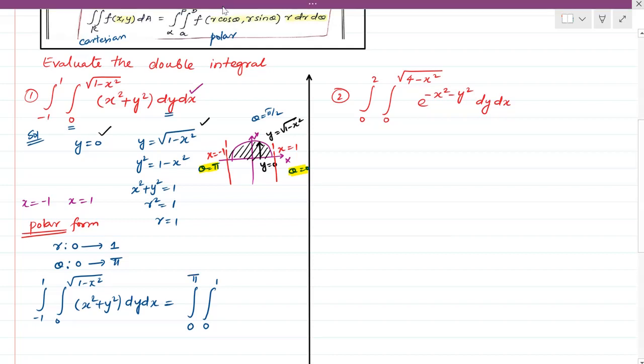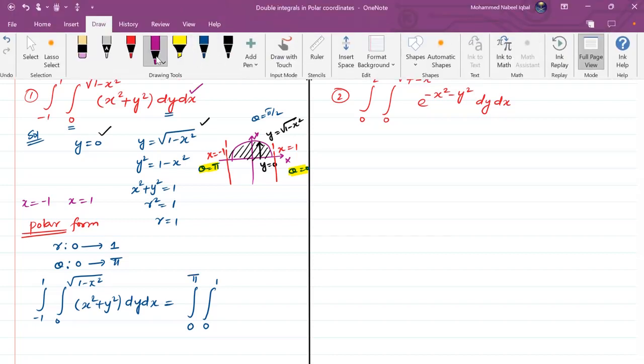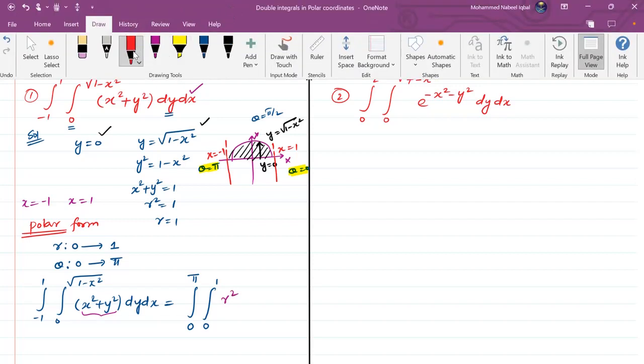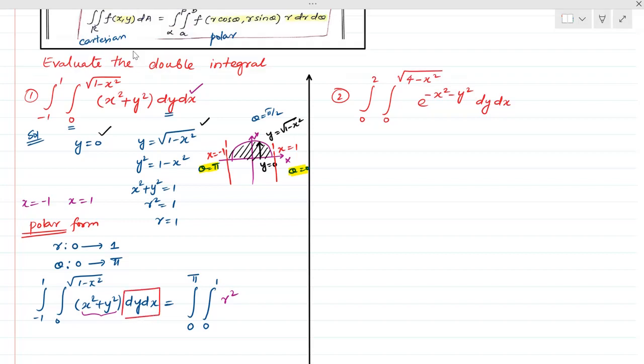And x square plus y square is r square. As we convert into polar coordinates, dx dy can be written as r dr d theta. This is always the same for all problems. Whenever dx dy, I will convert it into r dr d theta.